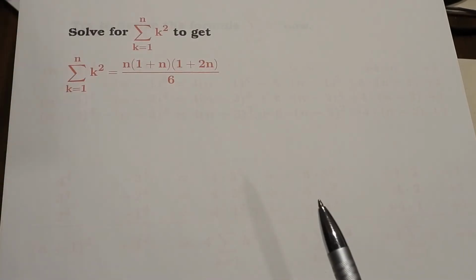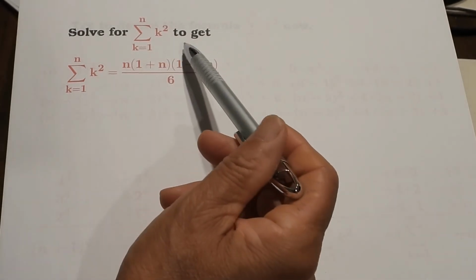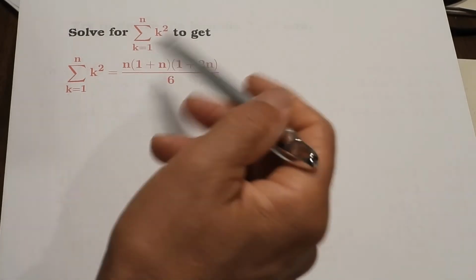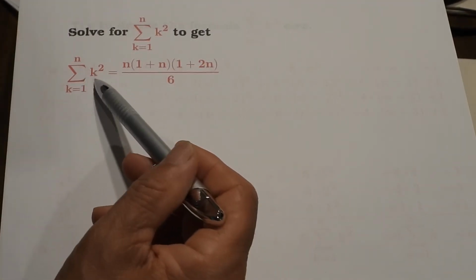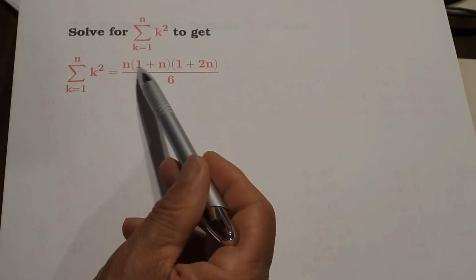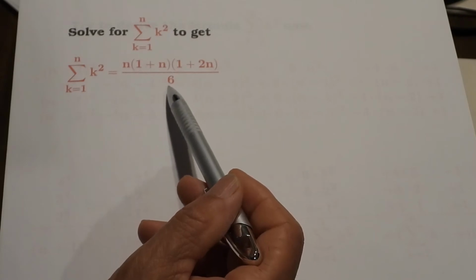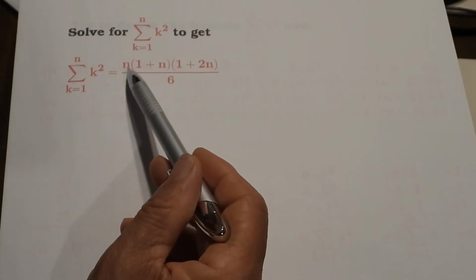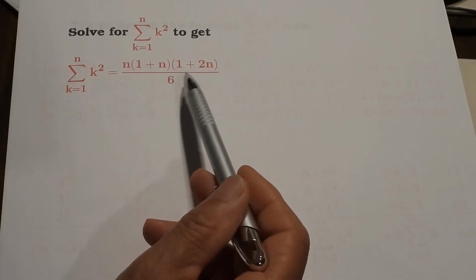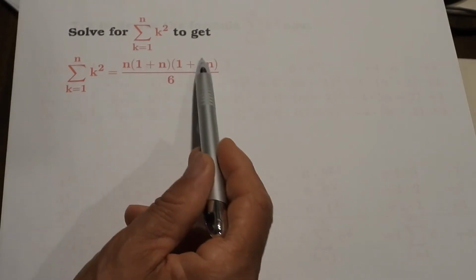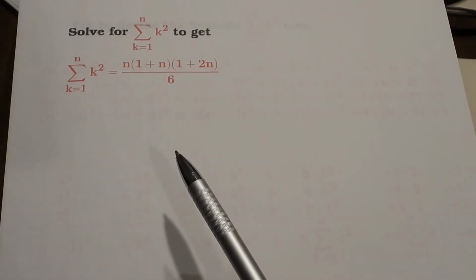Now, if you solve for sigma k squared by moving all terms to one side and simplify, then we get sigma k squared is n times (n plus 1) times (2n plus 1) divided by 6. This one is the calculation formula for sigma k squared.